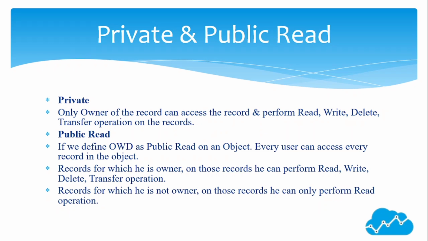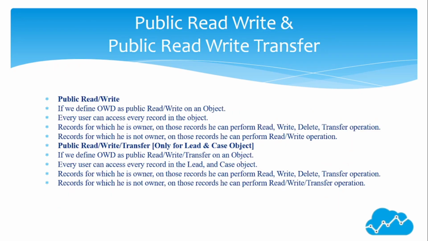Public read only: if we define OWD as public read only on an object, every user can access every record in the object. Records for which he is owner, on those records he can perform read, write, delete, transfer operations. Records for which he is not owner, on those records he can only perform read operation.